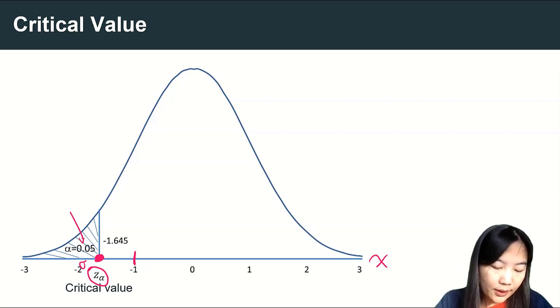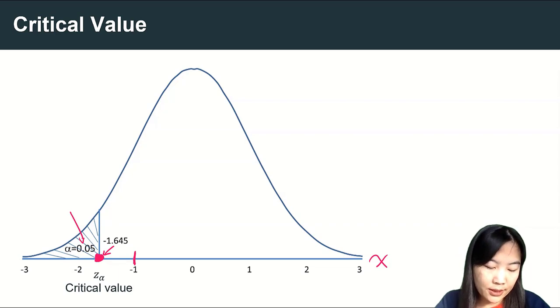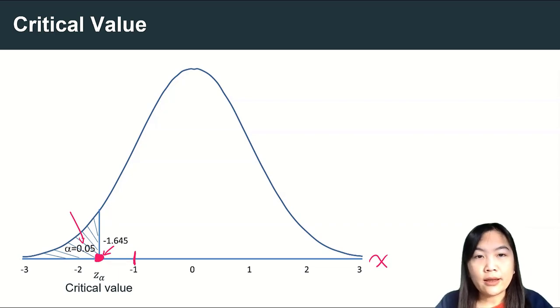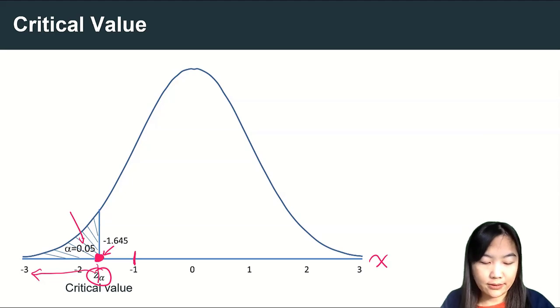So negative 1.645 is the value here, where to the left, the probability of your X value being to the left of that Z alpha is 5%.